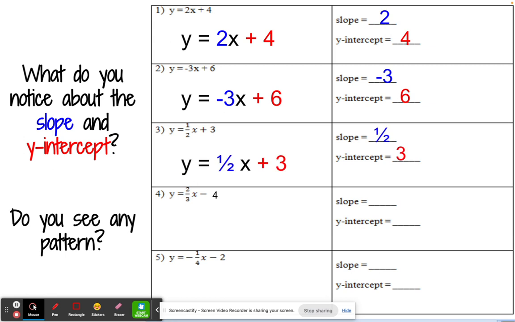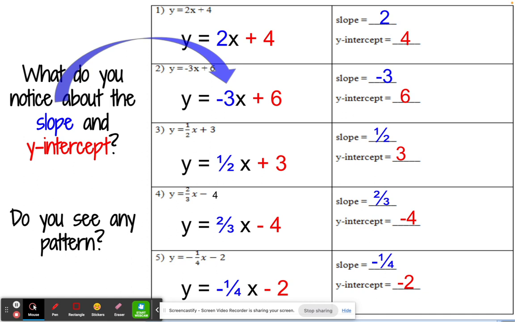For y equals 1/2 x plus 3, your slope is 1/2, your y-intercept is 3. For y equals 2/3 x minus 4, your slope is 2/3, your y-intercept is negative 4. For y equals -1/4 x minus 2, your slope is -1/4, and your y-intercept is -2.